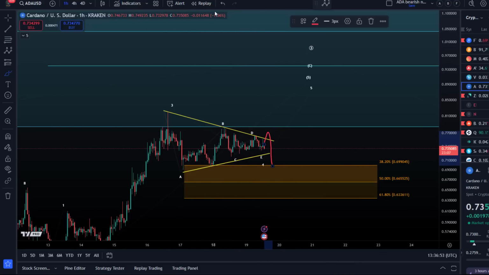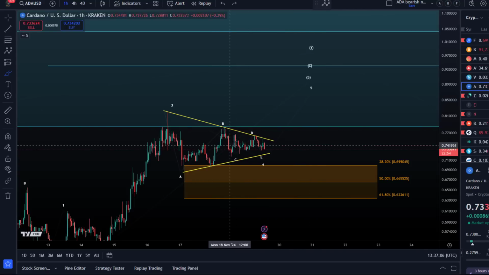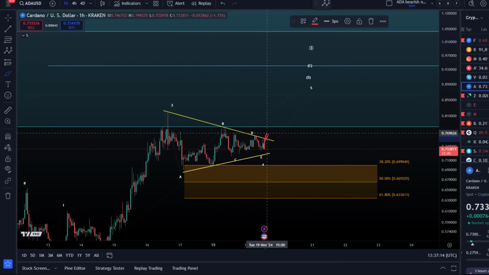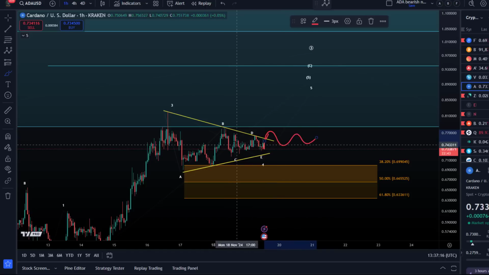Elliott wave needs a sustained break above the B wave high for a triangle breakout to assume wave 5 is starting. That's still not a guarantee, but it would invalidate the continuation of the triangle. Because what could technically happen, we get a breakout above the trend line, but we don't break above the B wave high, and then we just continue to consolidate, and the triangle just simply extends a little bit sideways.